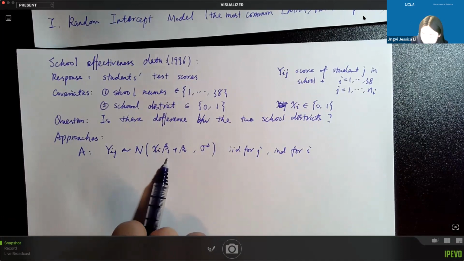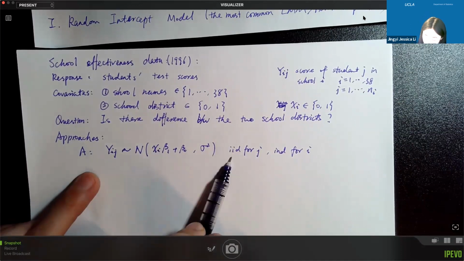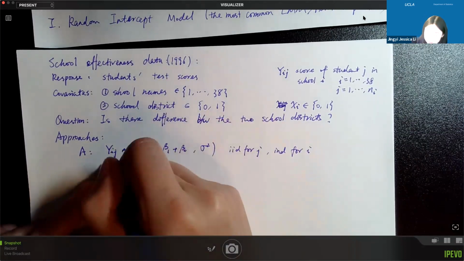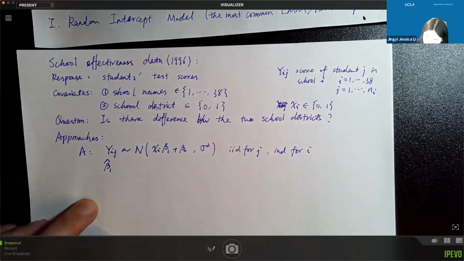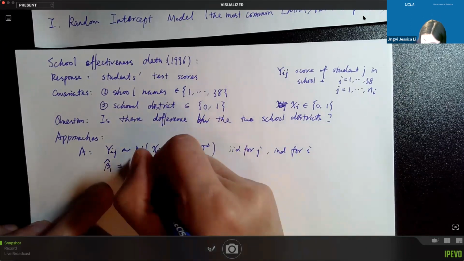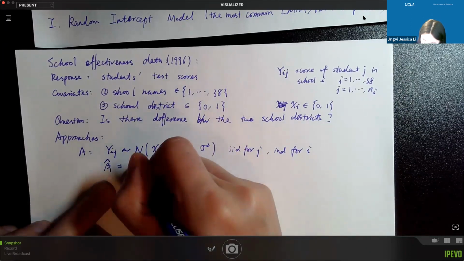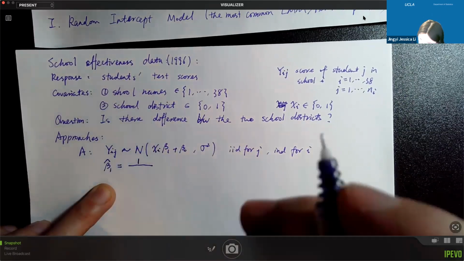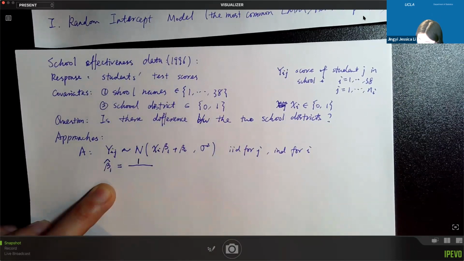But we can show that with that approach, beta 1 hat, this effect of school district, would be equal to the average of the scores from schools in District 1 minus the average of the scores from schools in District 0. So I can write this as the summation of, let me see, how many ones do I have?